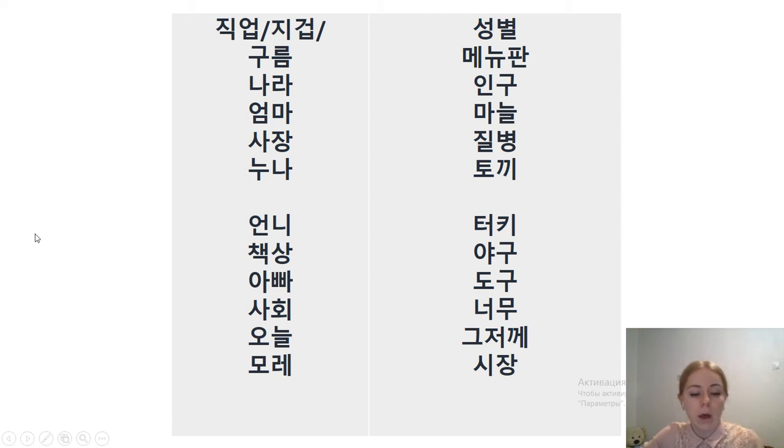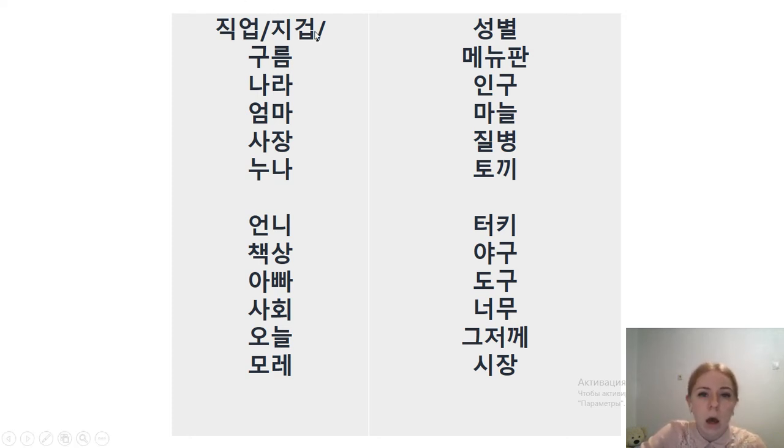Okay, we have to move on, and now you may stop this video and try to read all these words, all these syllables, and then you can continue and we can read them together. The first word is 직업.